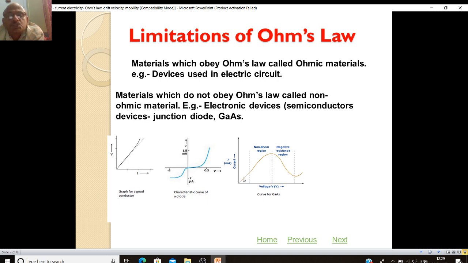See, up to this range, the graph is linear, so it obeys Ohm's law. But here, the graph is non-linear. Again, the graph is non-linear. But see here, on increasing voltage, current is decreasing. So from this to this part, resistance is negative, and from the origin to this part, resistance is positive.